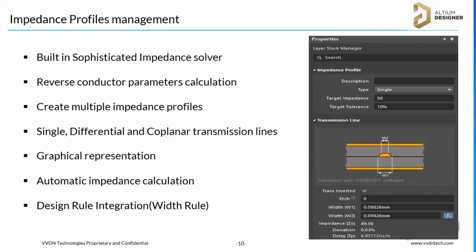Otherwise, some people are doing manual calculations. But now in Altium Designer, you have the inbuilt impedance calculator for 50 ohm single ended and differential ended. And in the latest versions, both coplanar, RF coplanar, single and differential ended. All these 4 calculations are there.